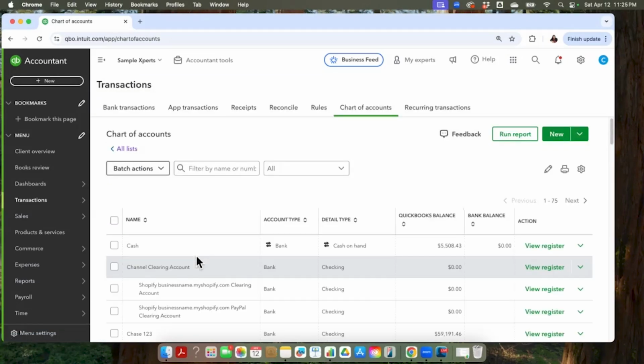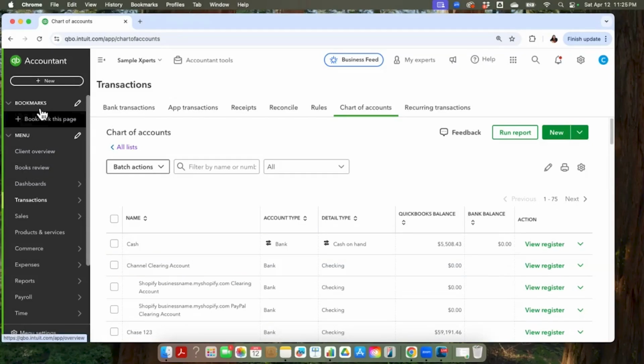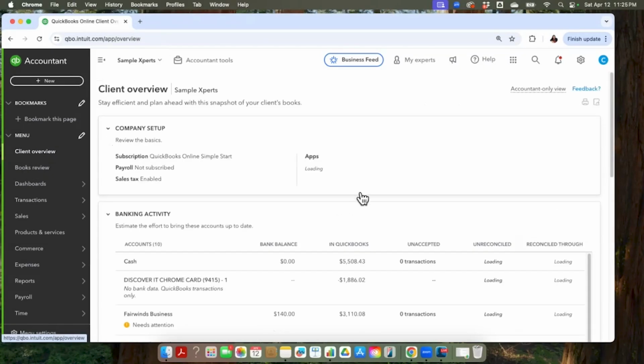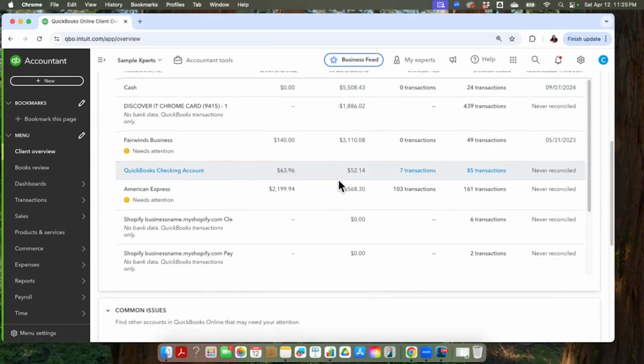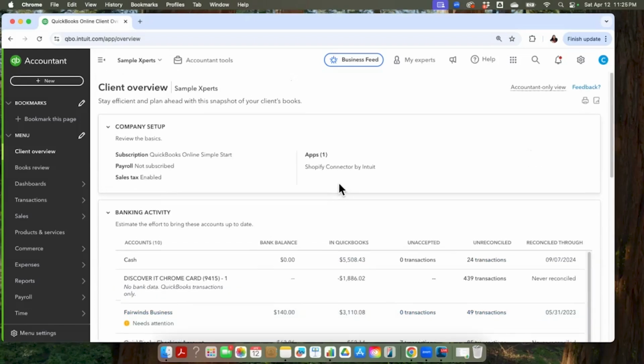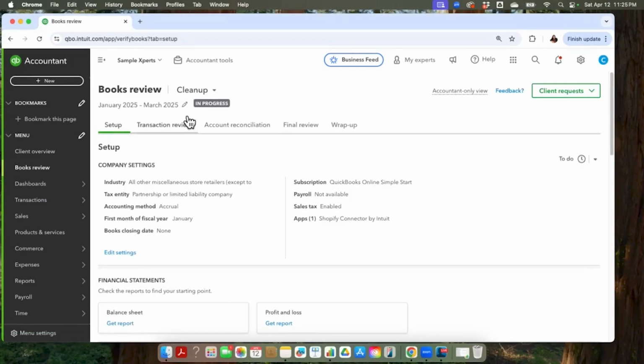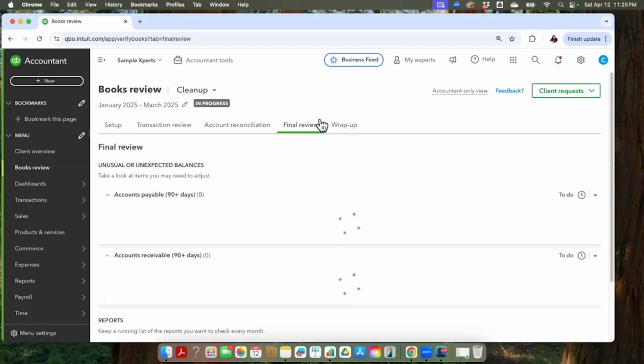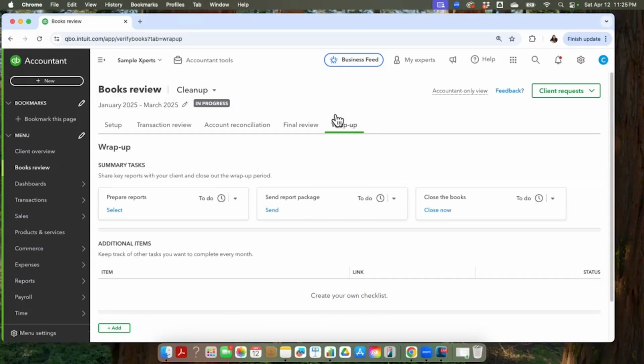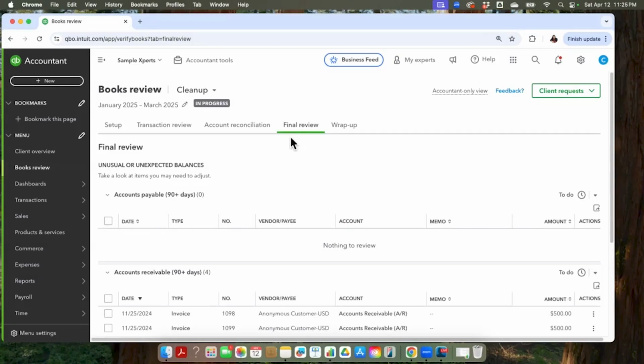You want to go over your client overview and make sure that all those items are clear. Those are the important ones. If you're a bookkeeper or accountant, you go to the books review instead and make sure that those actions are all taken care of until the wrap up, where you can send the customer all the reports.